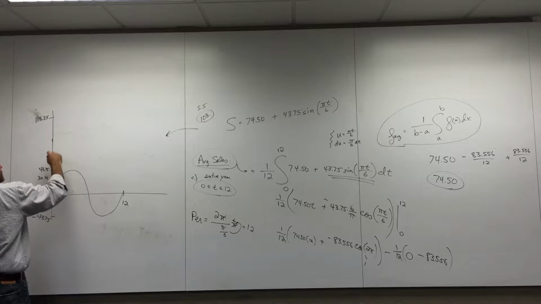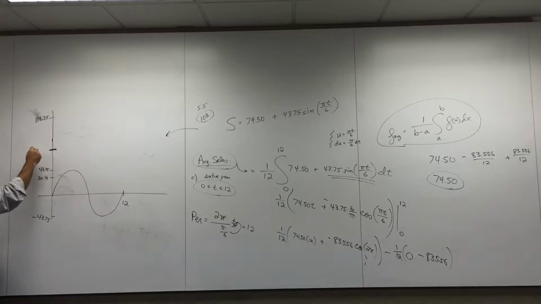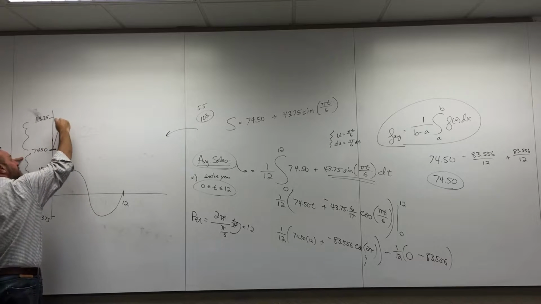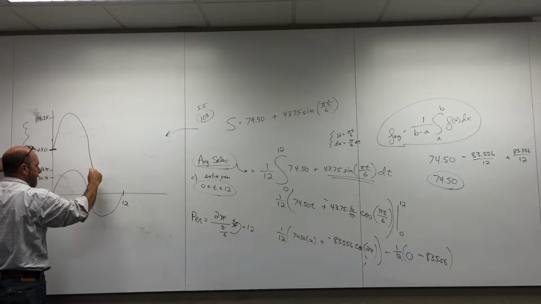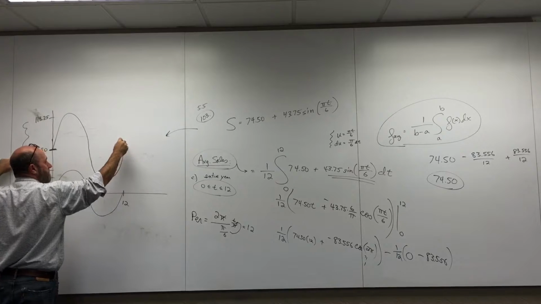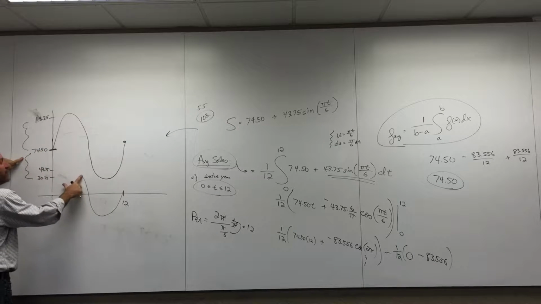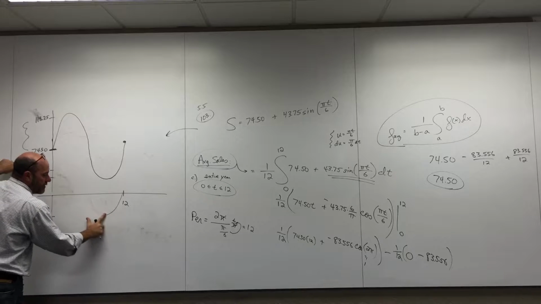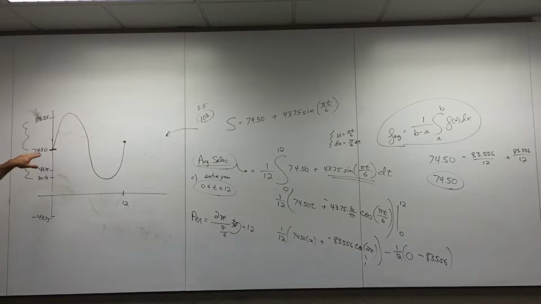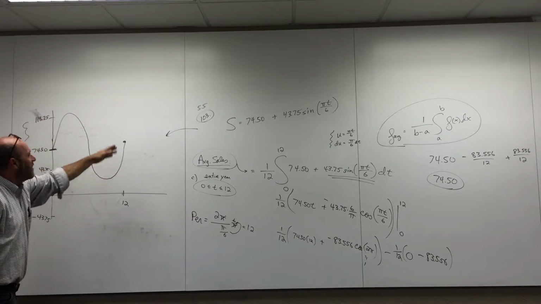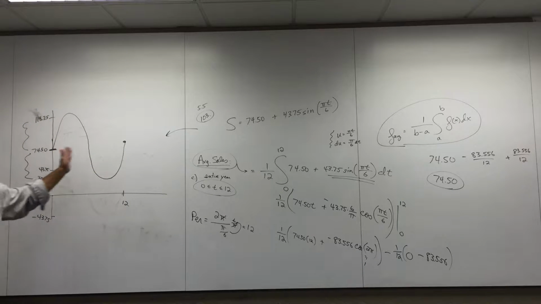It starts in the middle. Where's the middle? 74.50. See, this is 74.50 plus that amplitude and minus that amplitude. And here we go. It's this sine function. Now stare at that picture and tell me what its average height is from 0 to 12. 74.50.